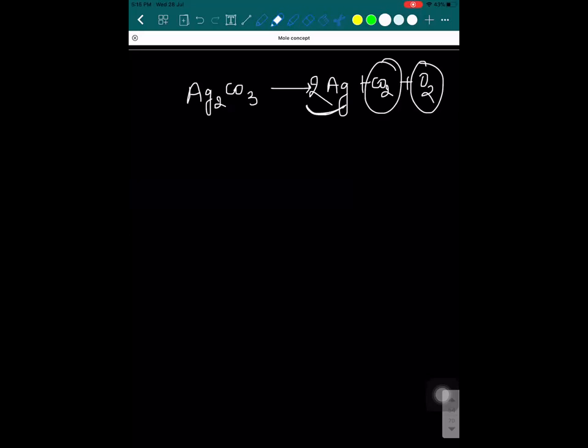Just balance this reaction: Ag2CO3 gives 2 Ag plus CO2 plus half O2. How much is given? 2.76 gram. Now you will be able to solve for the Ag by stoichiometry. Yes or no? Yes, Vikas, it was your doubt. Good.